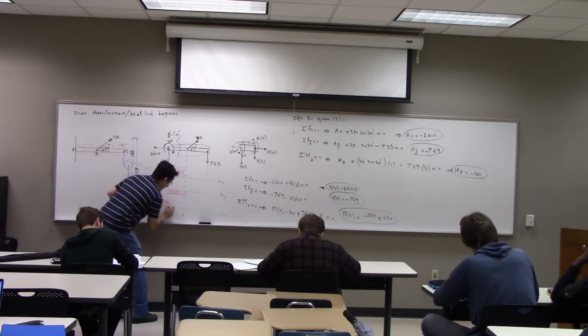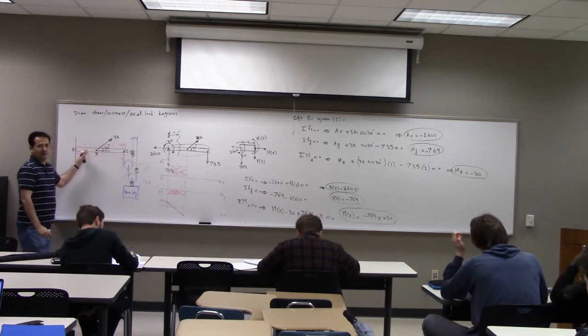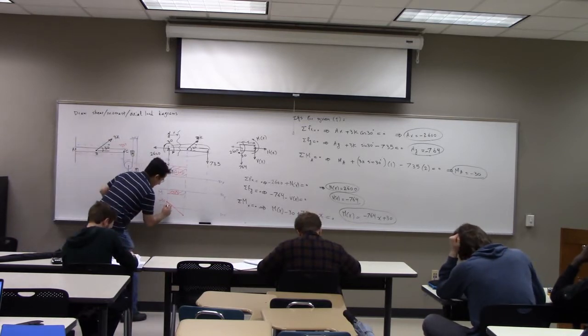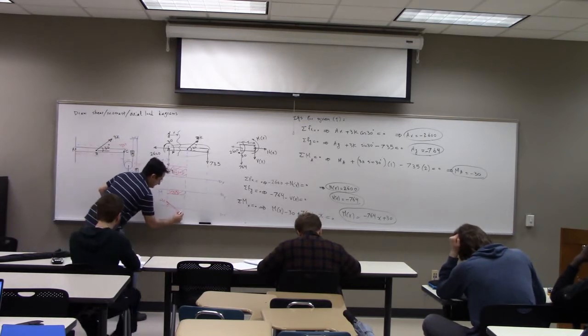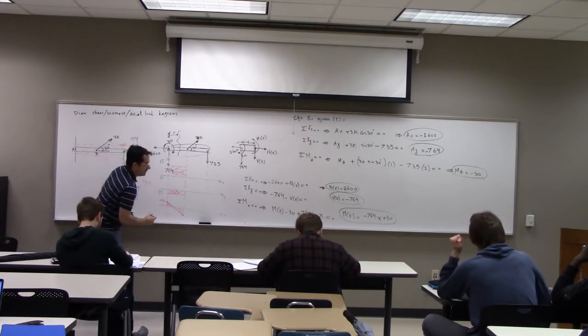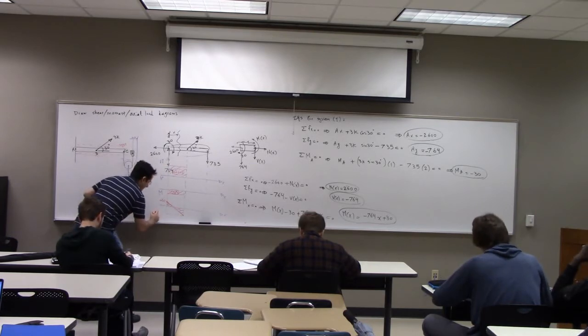So you have a line that somewhere here the bending moment is 0. That's the interesting thing. So you have positive and here negative, like that. And at this point it is negative 734.